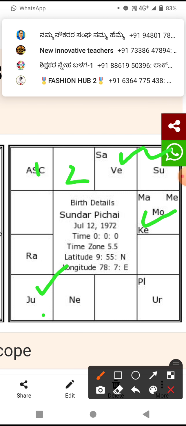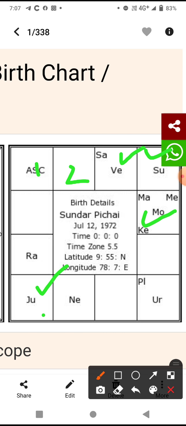Along with that, there is Mars. Mars got Neechabhanga Raja Yoga because the Moon is there in its own house. So the Moon made the Neechabhanga Raja Yoga of Mars. If the Moon is not present there, Mars may become too weak. Because of the Moon's presence there, Mars became very strong.